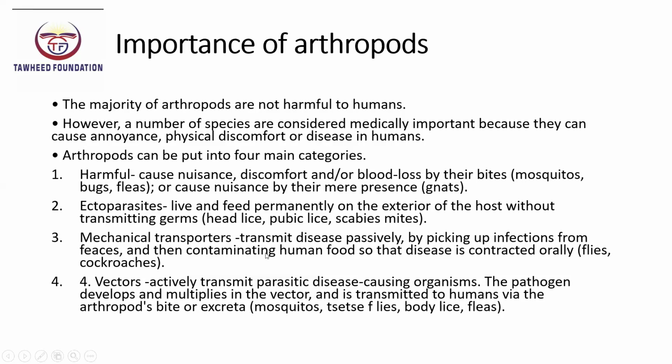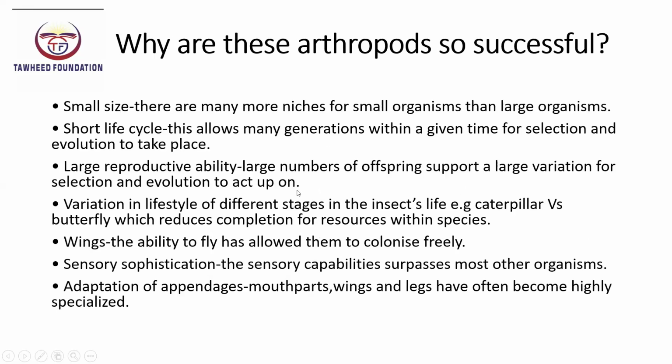They passively spread disease by contaminating food surfaces with pathogens acquired from feces or waste. Examples are flies and cockroaches. Fourth is vectors. They actively transmit pathogens, where parasites develop or multiply inside them before transmission. Examples are mosquitoes transmitting malaria, flies, body lice, and fleas.